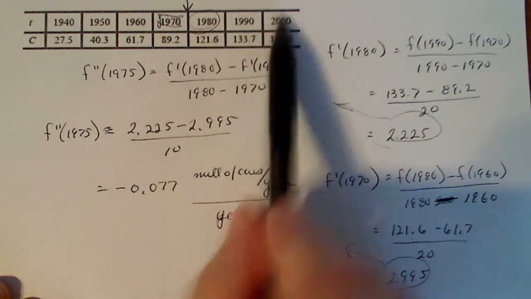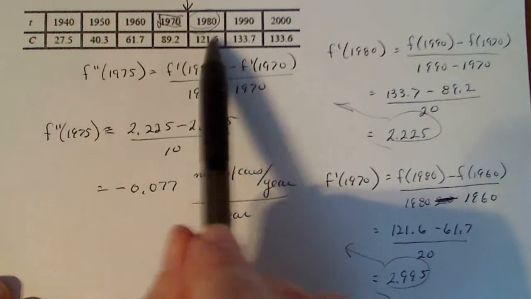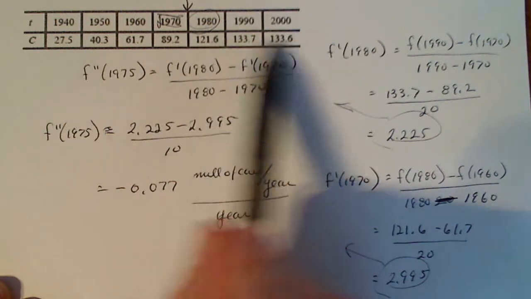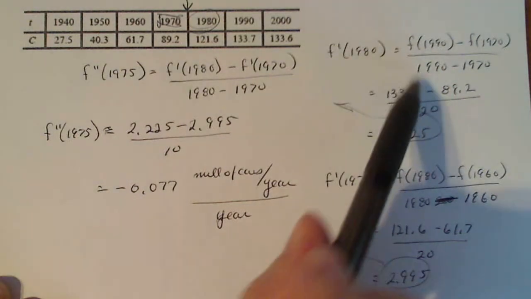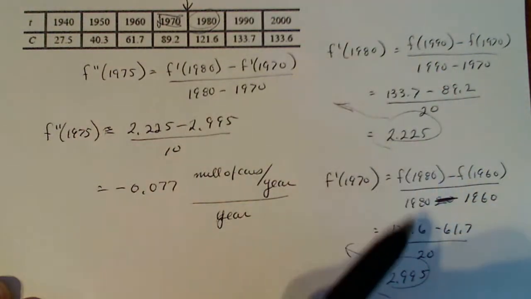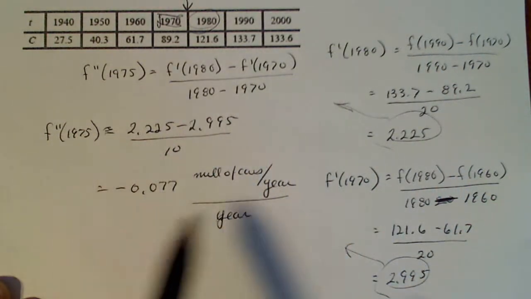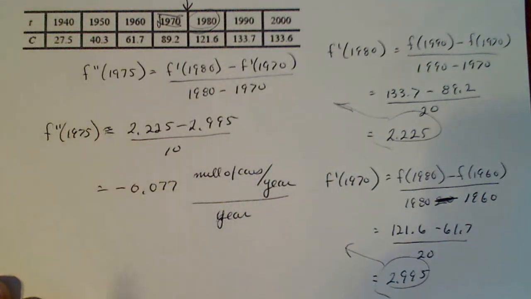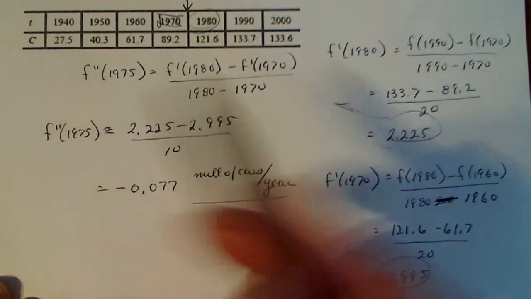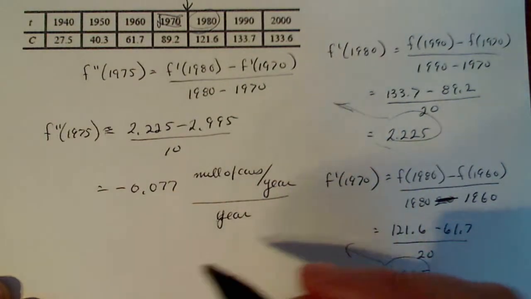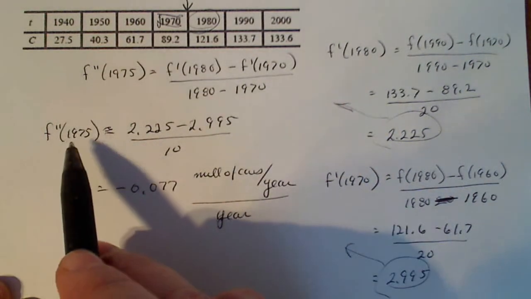The rate starts decreasing right around this time, and the numbers for 1980 and 1990 are involved in coming up with this rate. So that's why the rate is negative in 1975, because we're using numbers that are a little off.